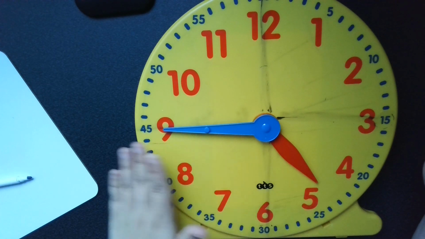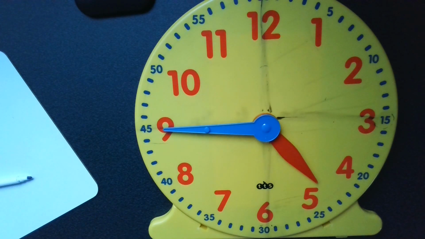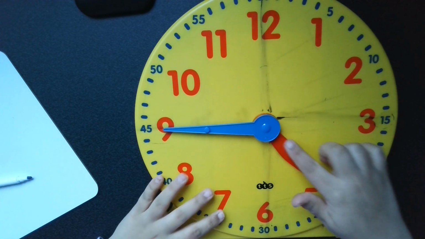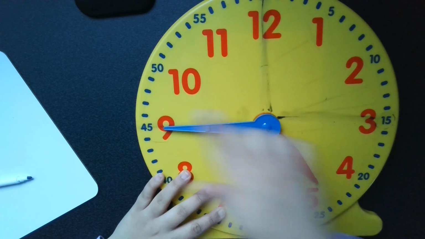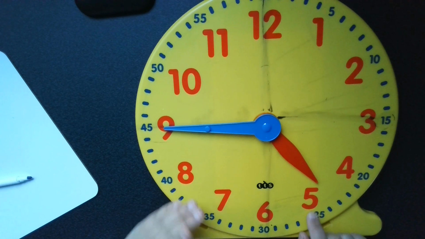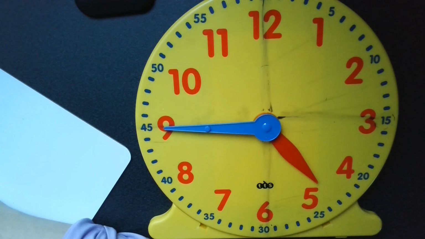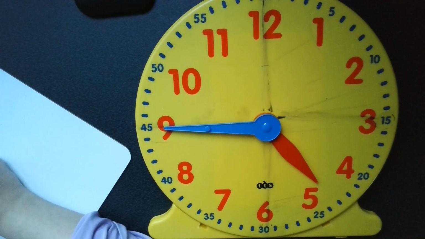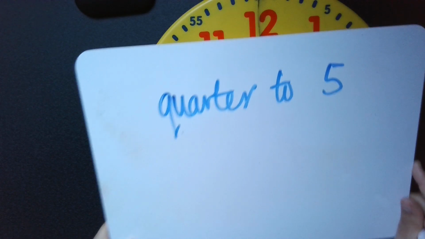So, my minute hand's at 9, but I can say this is quarter to, then I look at my next hour, 5. That means a quarter of the hour is left until we reach the next hour, until it becomes 5 o'clock. The time is quarter to 5. Quarter to 5. Just like that.